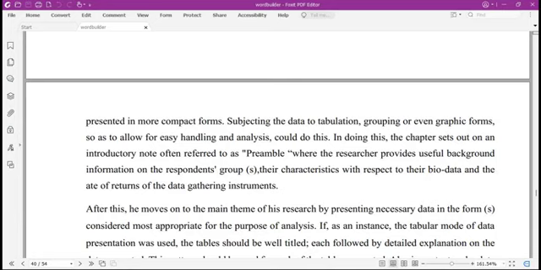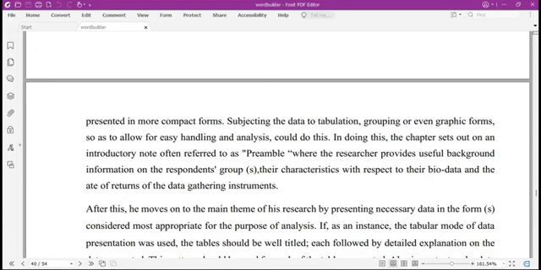So these are the things the researcher has to provide first. It's called a preamble. You provide all this data, the information about your respondents, their characteristics and everything. Just tell us something about them before you go into the presentation.